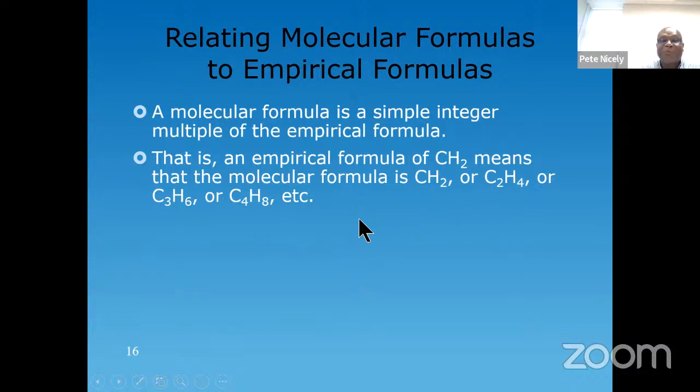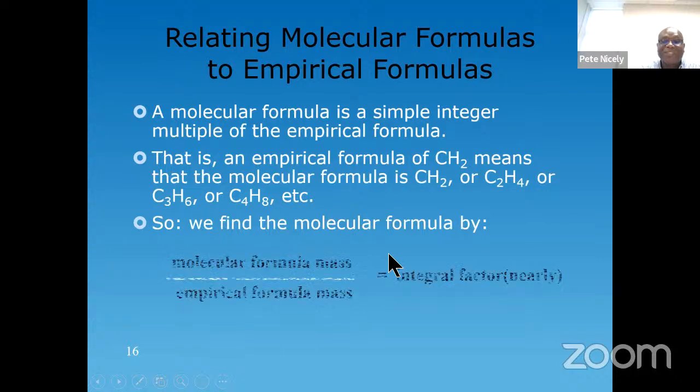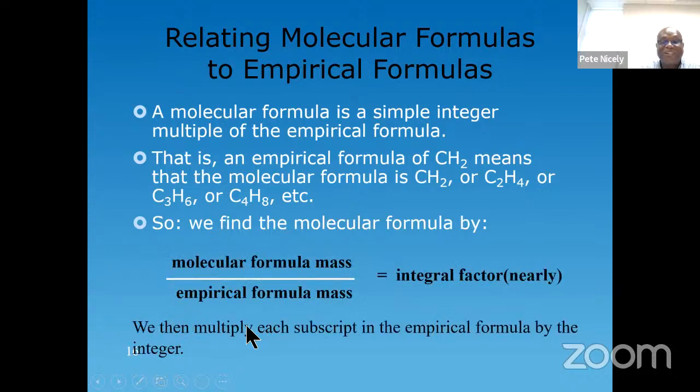So the question is, how do you determine that number? Basically, you divide the molecular mass by the empirical mass. The molecular mass is basically the same thing as the molar mass. You can determine that by adding up all the atomic masses of all the elements according to the formula.